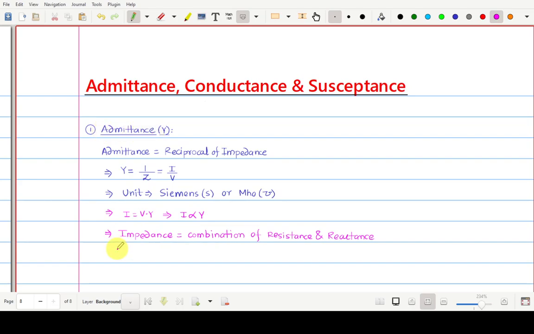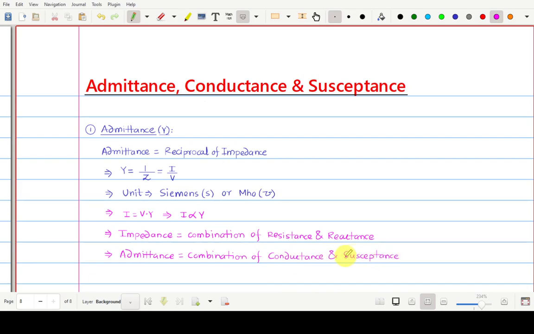Admittance will also be equal to a combination of two different parameters we will now study, conductance and susceptance. Similar to impedance, here we have two new parameters, conductance and susceptance. Admittance will admit the flow of current. Similarly, conductance and susceptance will allow the flow of current.